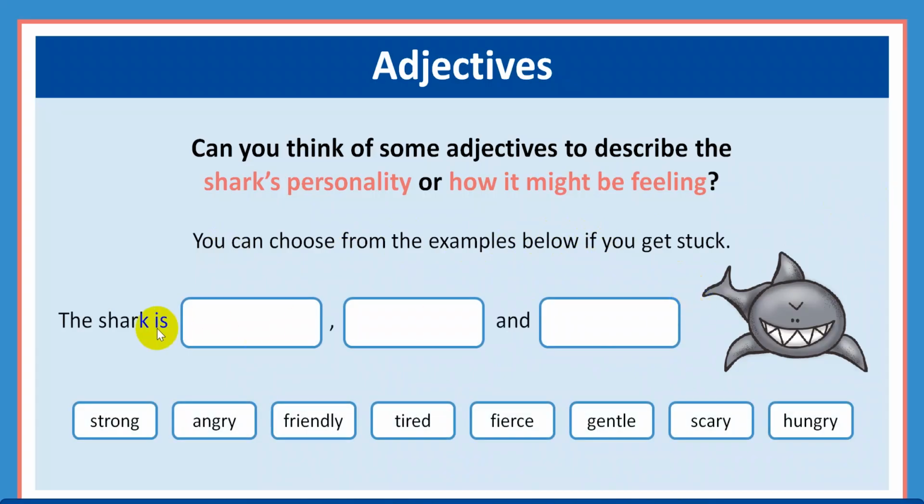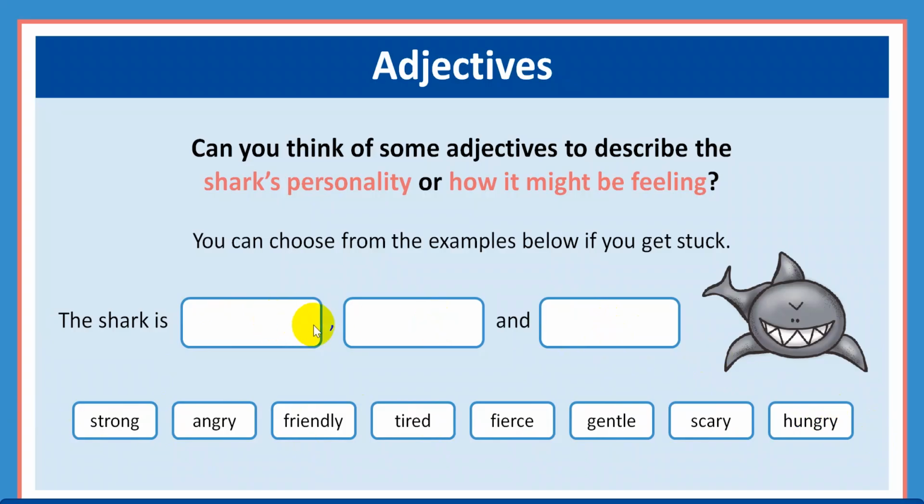Let's see this example. The shark is what? What about his personality? What about how he might be feeling? And what else? So you can say the shark is what? Strong or angry, friendly, tired, fierce, gentle, scary, hungry. Choose one of these adjectives to place here in these gaps.